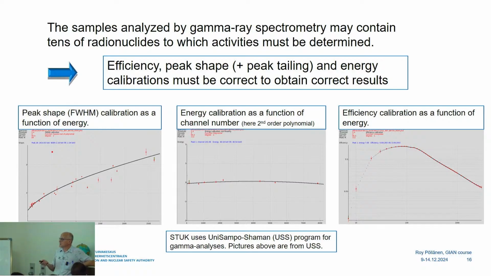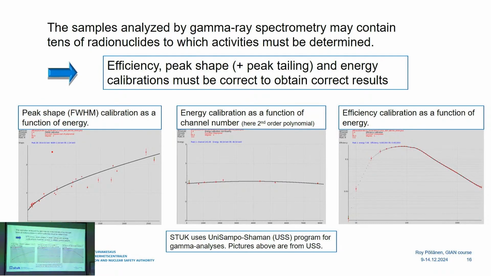These are the pictures from our software in gamma spectrometry. So efficiency, peak shape, and energy calibrations must be correct to obtain correct results. So in this case, there is a peak shape calibration. This is energy, this horizontal, is peak shape as a function of energy.